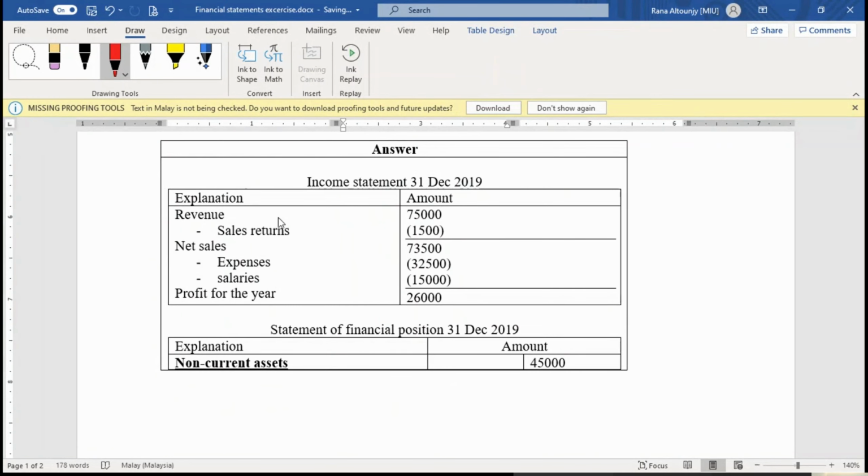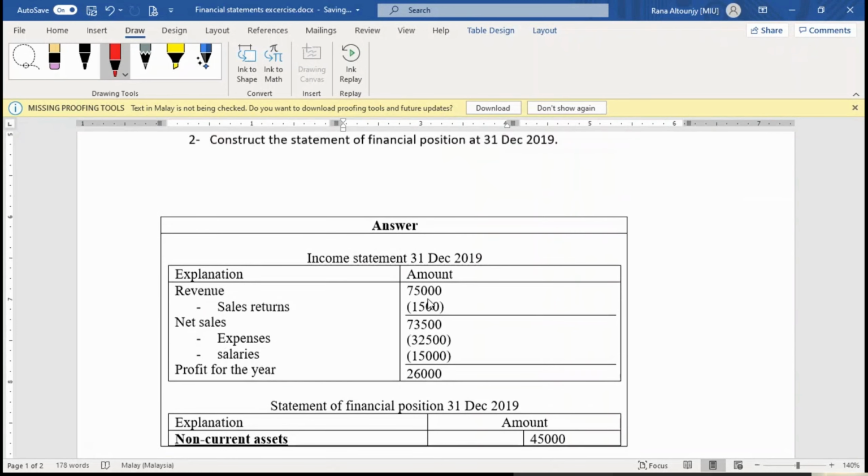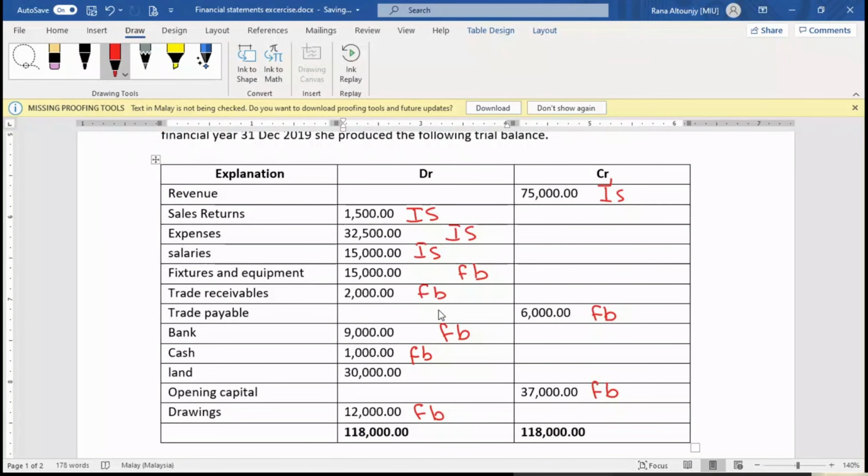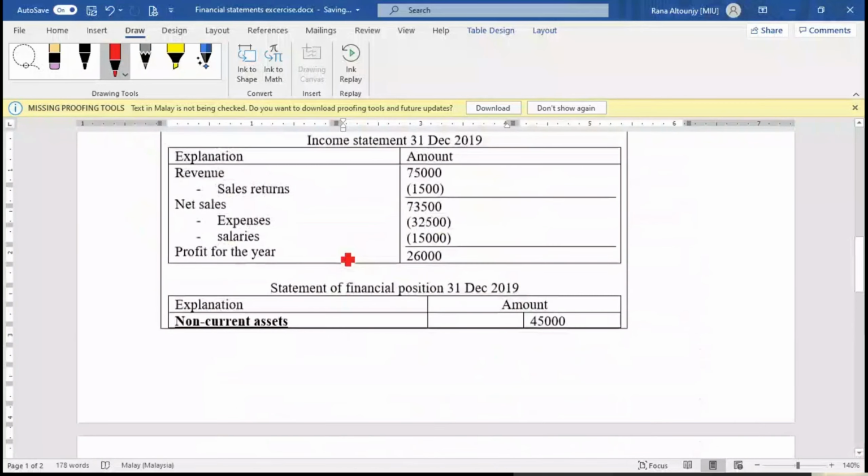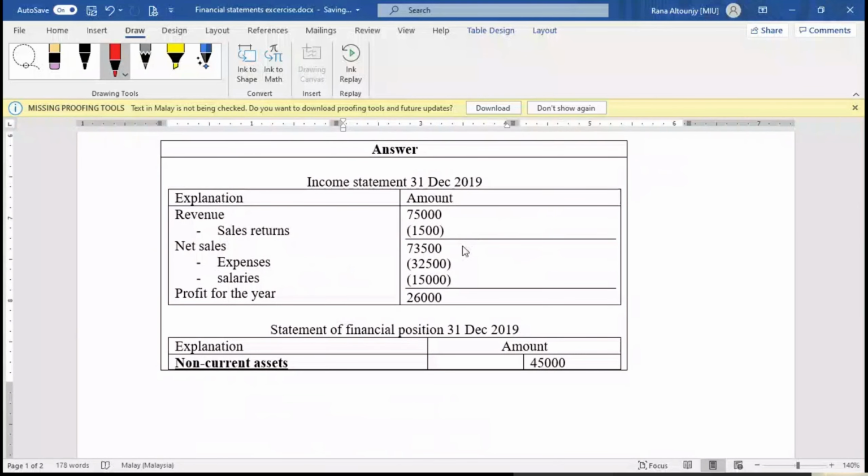As we mentioned, in the income statement first we put the revenue minus the sales return. We get the net sales. We deduct from the net sales the expenses and salaries, and we reach the profit for the year. First we put the revenue, we deduct from it the sales return, and the result we call net sales.